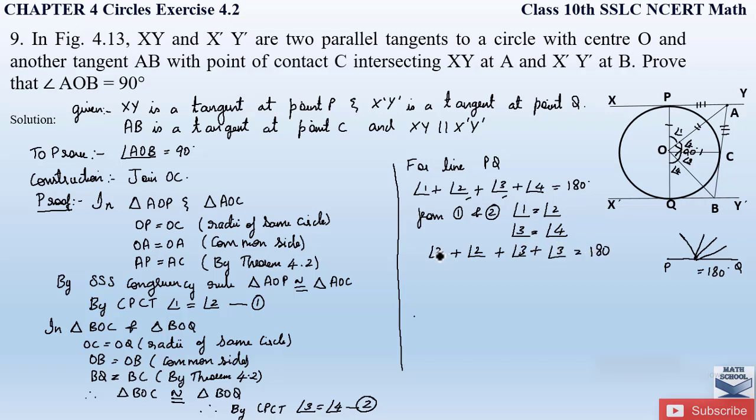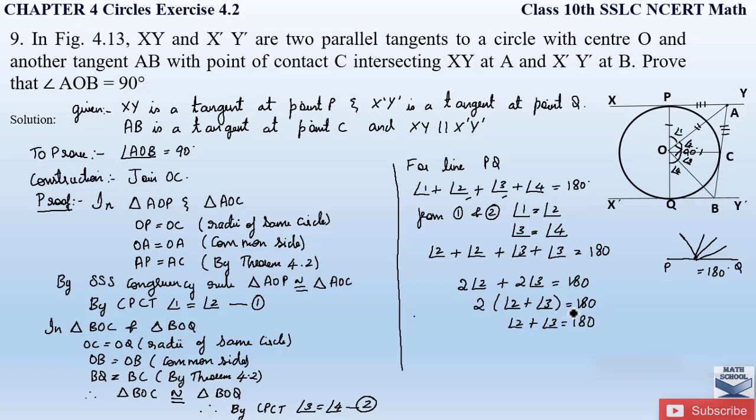So 2 angle 2 plus 2 angle 3 is equal to 180. Taking 2 common, we are left with angle 2 plus angle 3 is equal to 180 by 2.